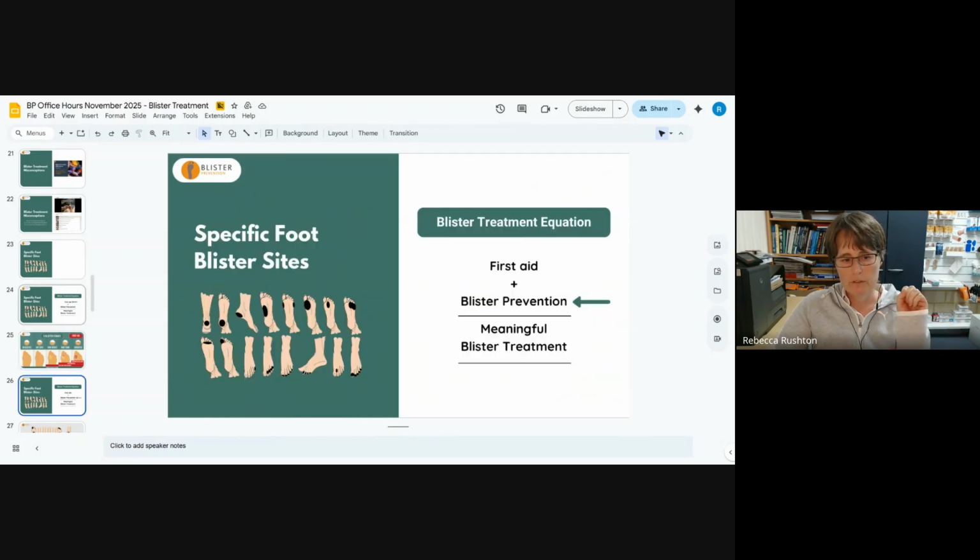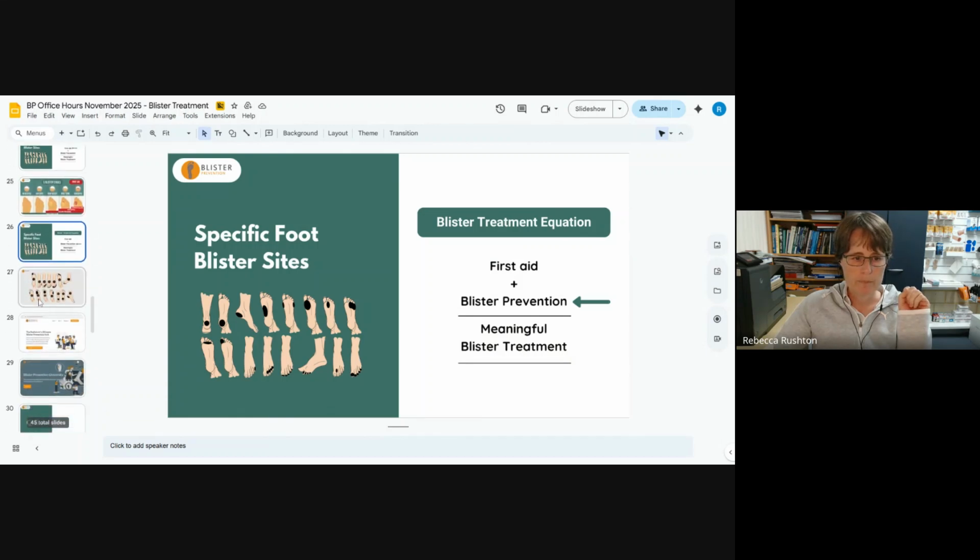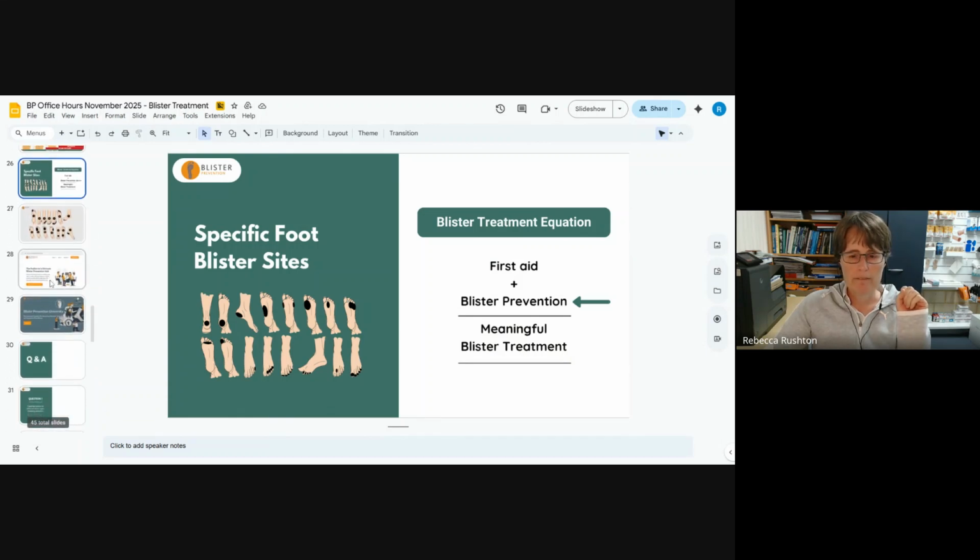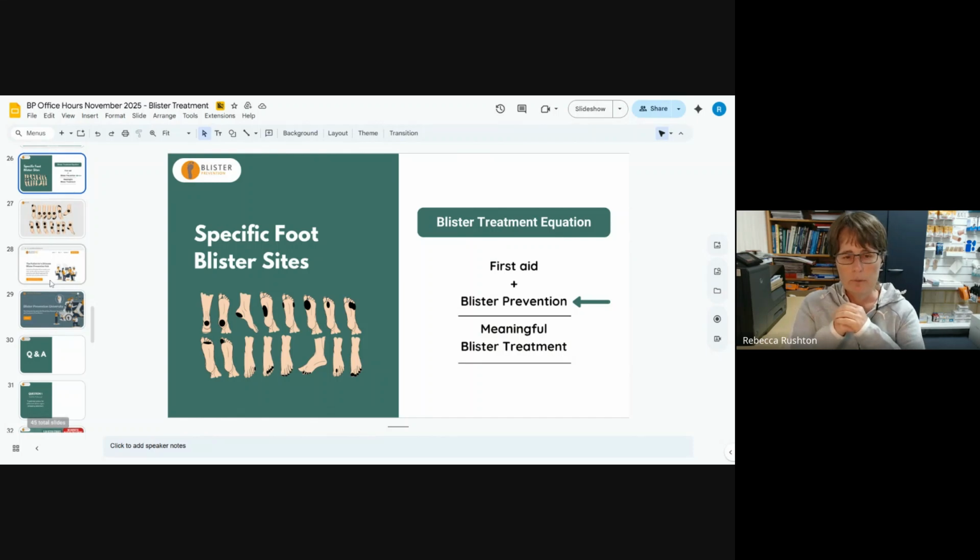But what about the prevention component? This one's going to be very different. And in fact, it's the most important thing to consider when we're implementing prevention as purely prevention or during treatment. The anatomical location of that blister is where you need to start. Too many people think, what's the best way to prevent blisters? Or what's the best prevention for running or hiking or tennis or whatever it happens to be?